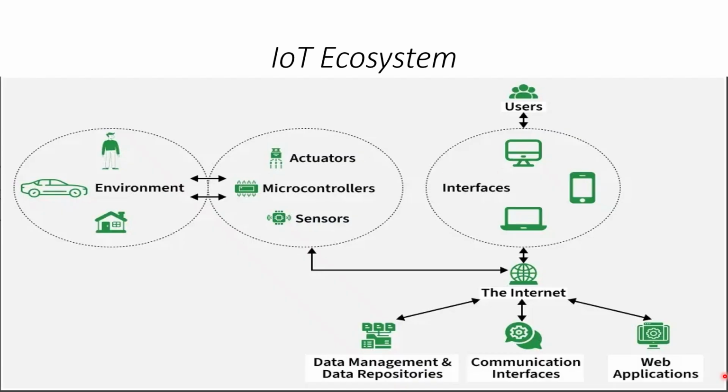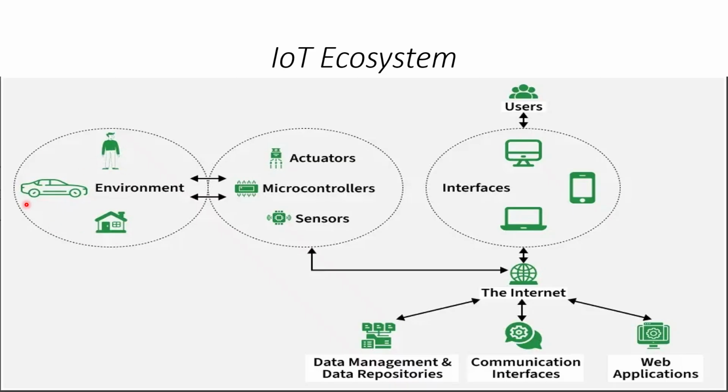Next, we are going to see about the IoT ecosystem. In the IoT ecosystem, these are all the things that we need to make a normal device into an IoT device. First one is environment. What is environment? It represents the real world physical environment like smart home, smart vehicle, human beings, everything.